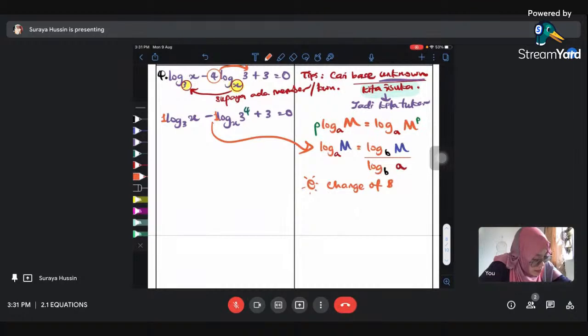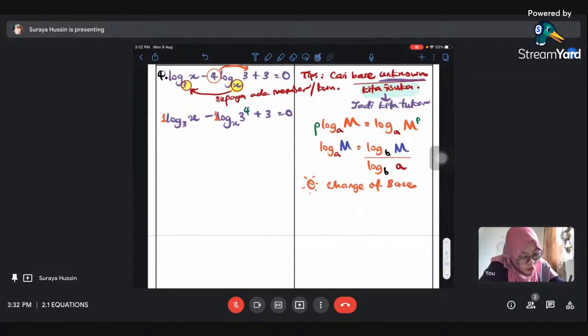Change of base daripada base unknown, base lama, menjadi base yang baru. This is what we call as change of base. So I delete this. Just make sure you have coefficient 1 dulu ya, sebab tu you bawa 4 naik atas jadi power. And so yang depan ni salin sahaja. Yang belakang ni lah yang kamu tukar.